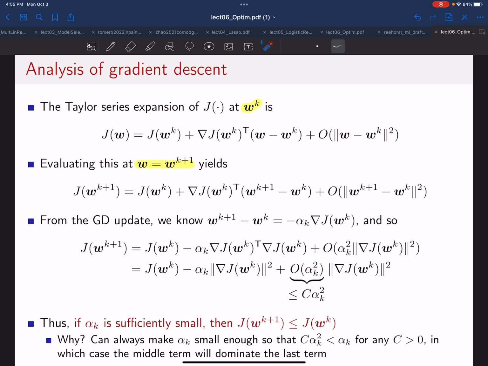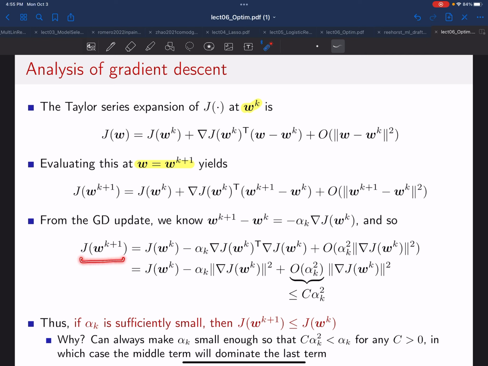And what we would really like to happen when we're running gradient descent is that the new cost is less than the old cost, right? That means we're making progress. At least it should never be greater, because if the new cost is greater than the old cost, we've made negative progress and something is wrong.